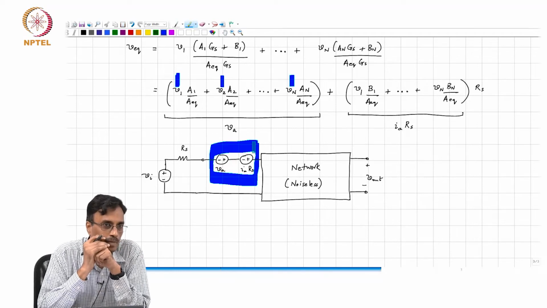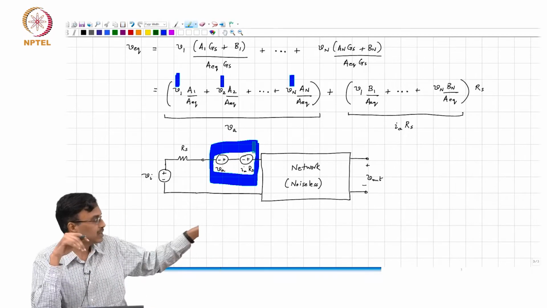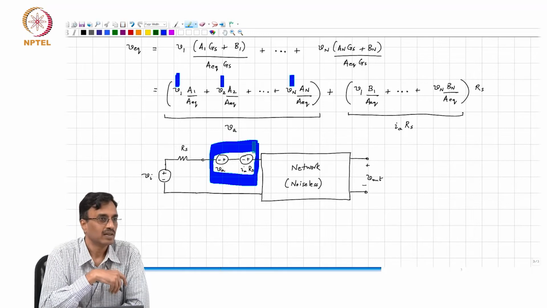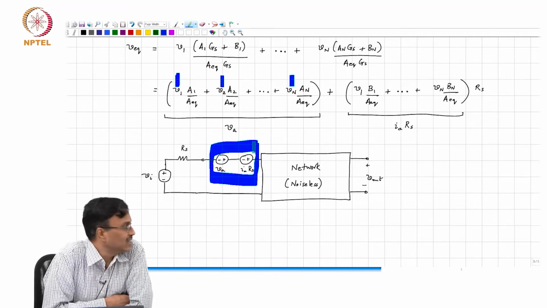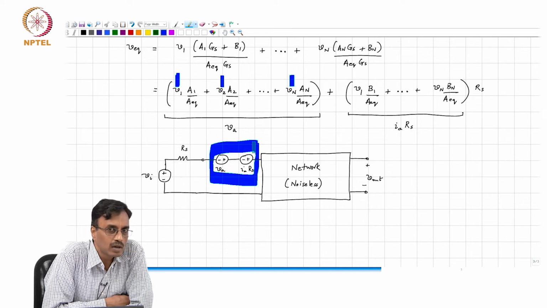Unfortunately, the way we have it right now, we can say, well, here is the input referred noise, or the strength of the input referred noise source, but there is a problem. What is the problem, you think?